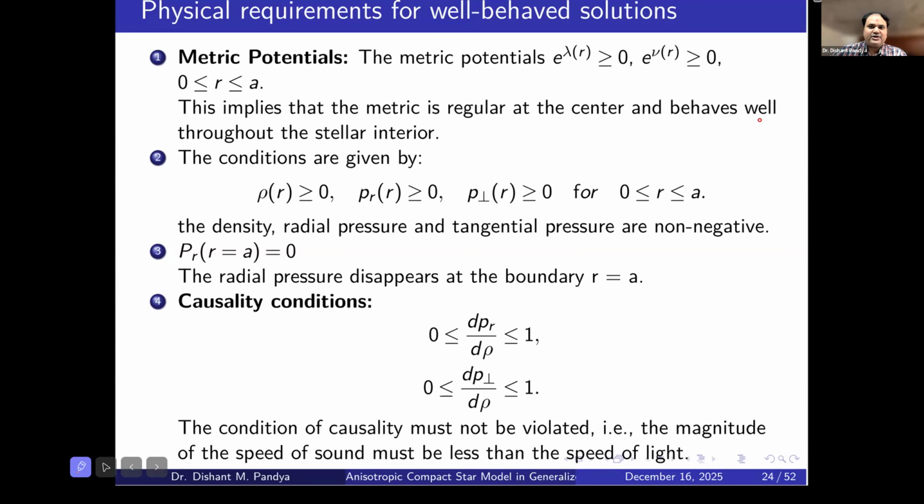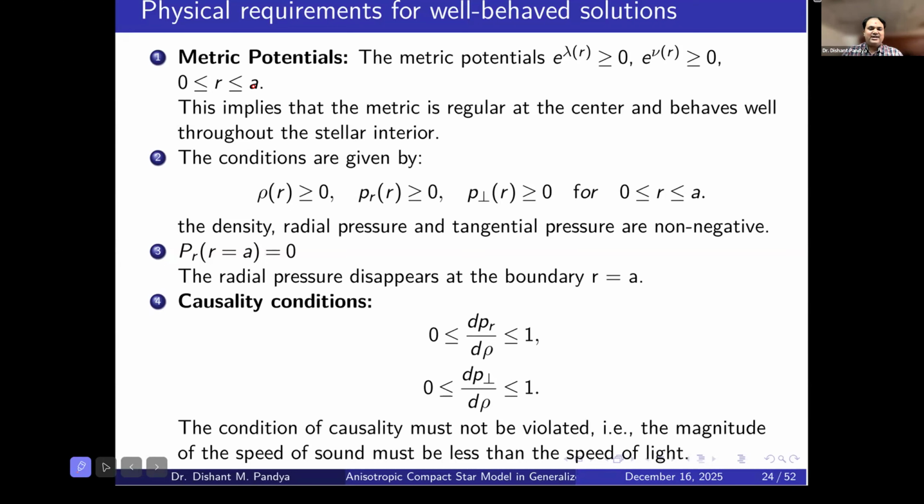First, the metric potentials, e to the power lambda and e to the power nu, must be non-negative in the range 0 to a. Now, what is a here? In simple language, it is nothing but the star's radius, and r is the radial variable. When the radial variable goes from the center to the surface, the full range is 0 to a. In this range, your metric potential should be non-negative. That is the primary assumption.